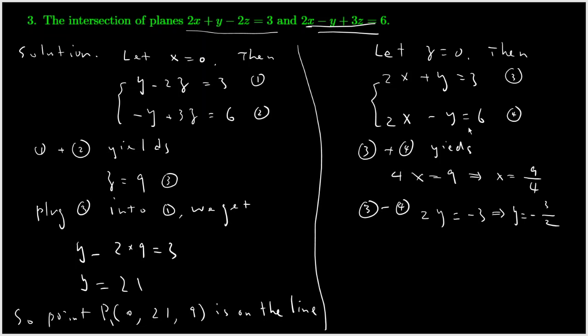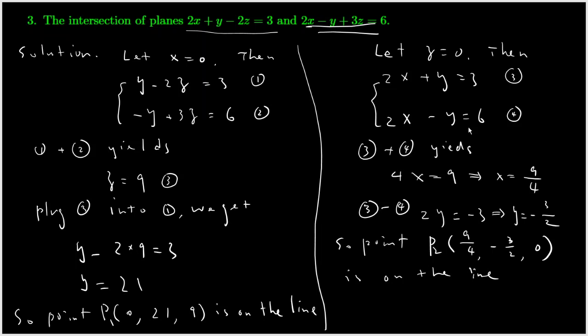Okay. Now we have another point. Okay, so the point, can I call the second point P2? Okay, P2 with x coordinate of 9 over 4 and the y coordinate of negative 3 over 2 and z coordinate of 0 is another point on the line.